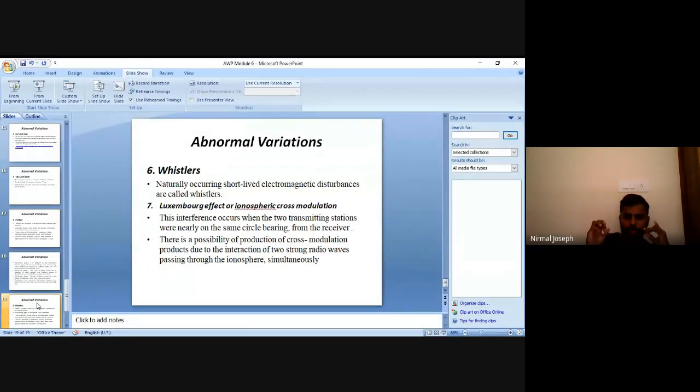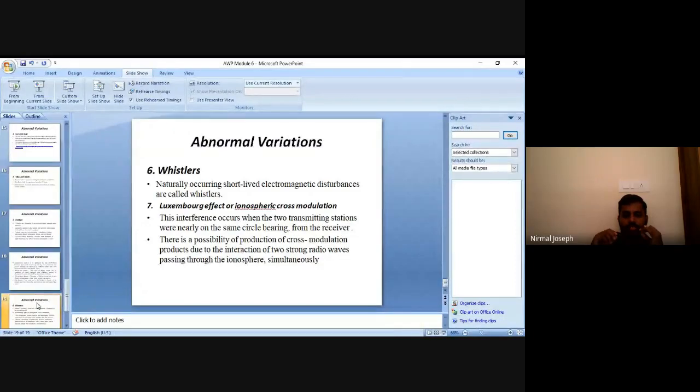Since the two stations are nearby, the power will be more, so these two signals can cross modulate and interact.